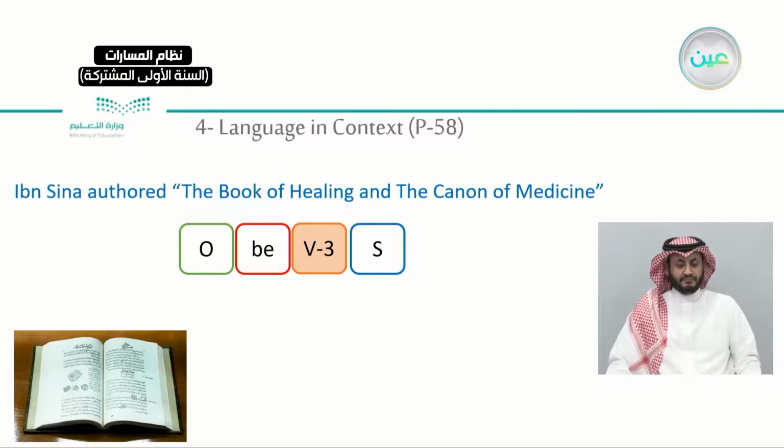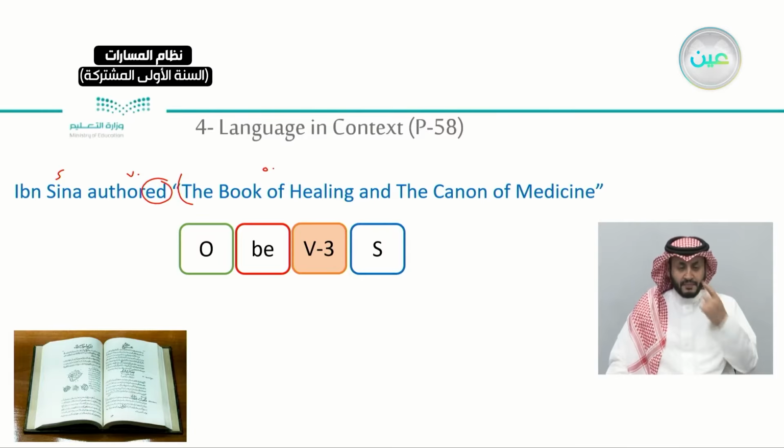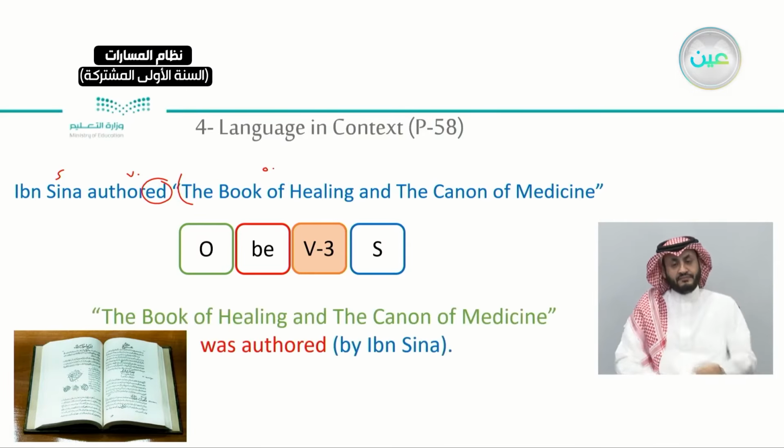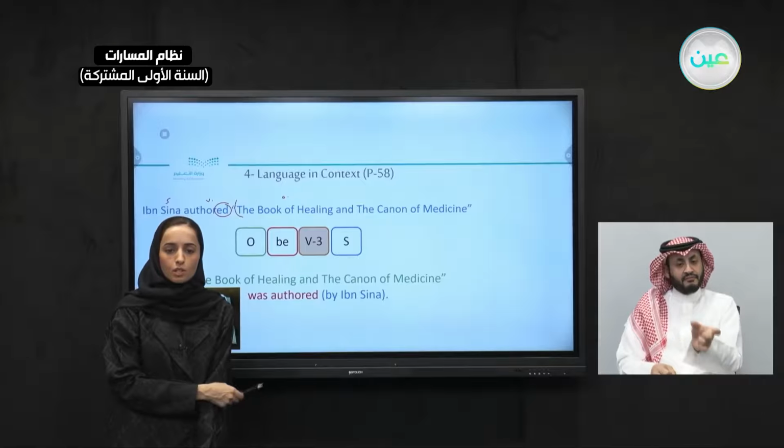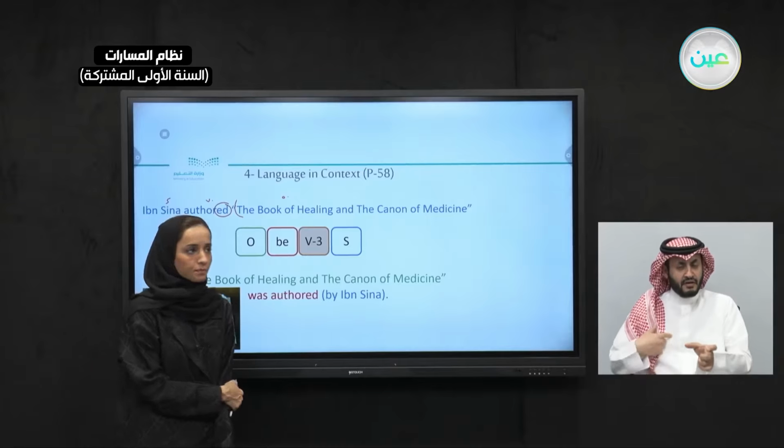Let's try to do one more. Ibn Sina authored the Book of Healing and the Canon of Medicine. Here is our subject, here is the verb in the past tense, and the name of the book is our object. I want to focus on the book. So I will say, the Book of Healing and the Canon of Medicine was authored, maybe on this or that date. You can mention it and you can take out the subject.